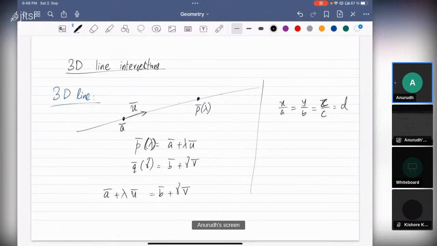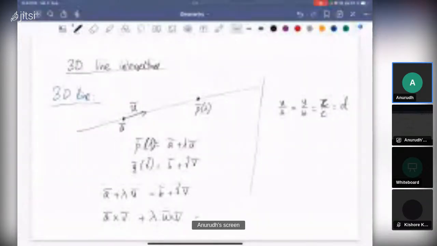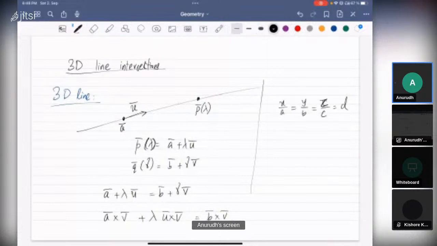One is, let's say you have three-dimensional spaces, then you can still take the same thing. So let's say I cross it with v bar, and this term will disappear anyway, v cross v. But now these other things that you have here are going to be vectors.